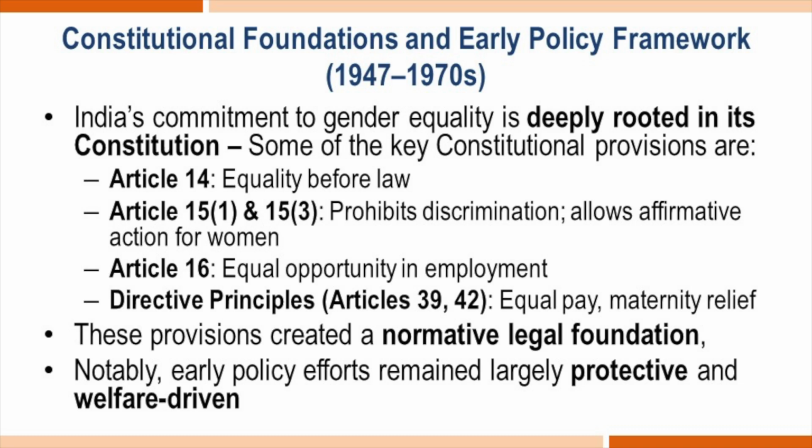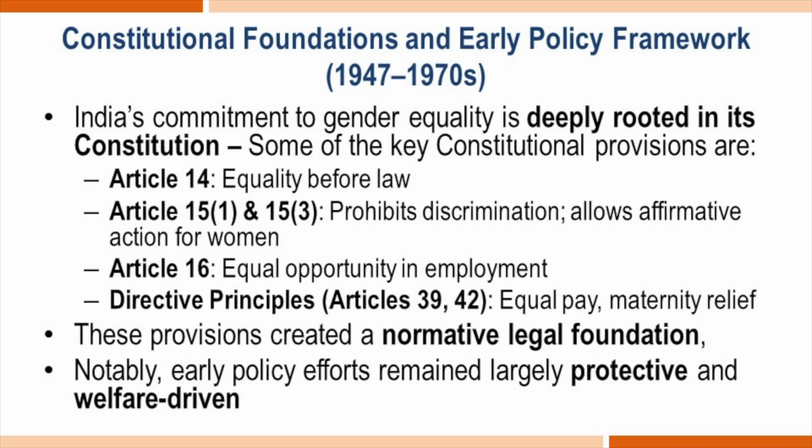For instance, some of the constitutional provisions are Article 14, which says that it will be guaranteeing equality before law. Everybody will be considered as equal citizens, whether it is male or female or any other gender. Article 15(3) talks about prohibition of discrimination and also allows affirmative action for women.